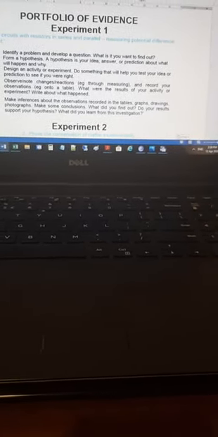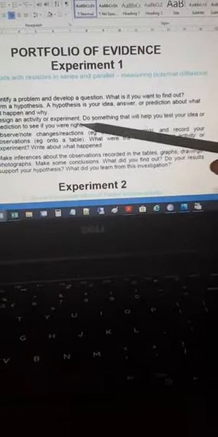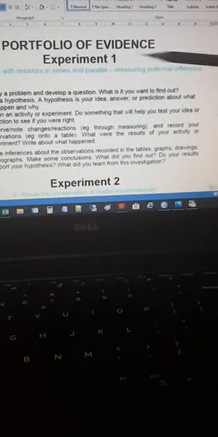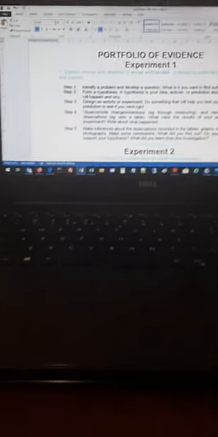Okay, now step 3, coming back to our portfolio. Design an activity or an experiment to do something that will help you test your idea. Now, this will be something like actually building a little circuit. For instance, you need to go and look on the internet. I don't want to give you all the answers. Go look, there are wonderful assignments that you can do with classes.